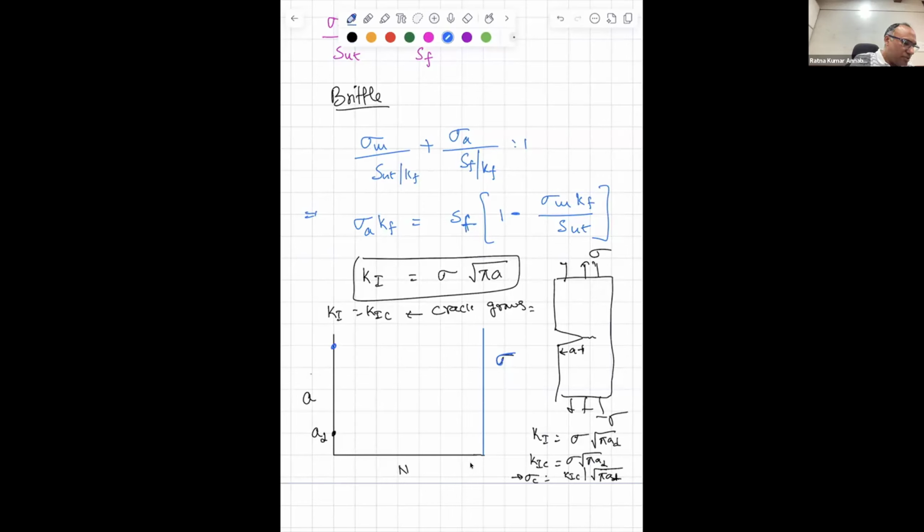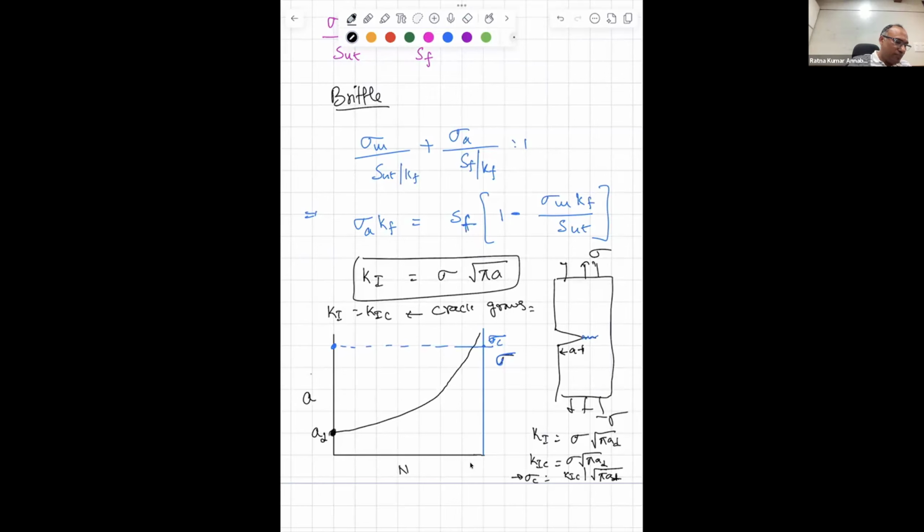So corresponding to that, I am plotting this. On this side you have to see, in blue, that is sigma C. Now, as I am loading the specimen under fatigue loading, this crack increases its size, like that.